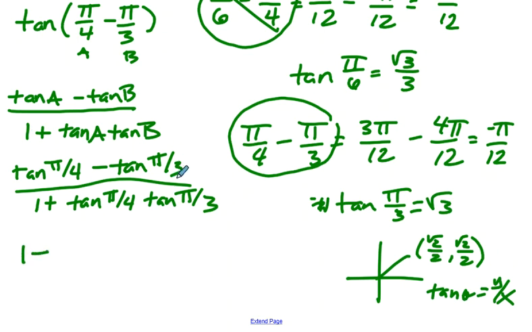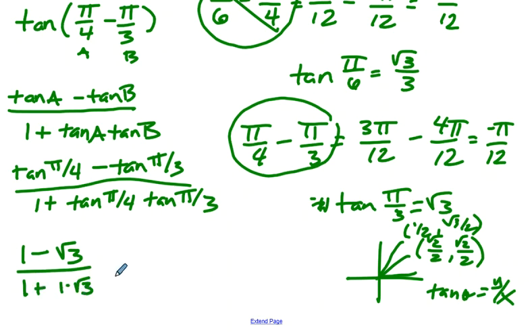The tangent of pi over 3, your coordinates here, are 1/2, root 3 over 2. So when you divide y by x, you get root 3. So it's going to be 1 minus root 3 over 1 plus 1 times root 3.